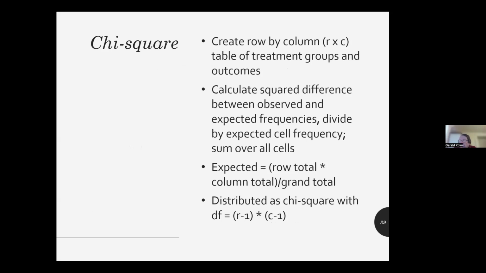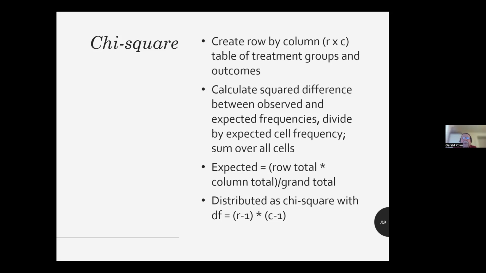I think this will be the last one I'll go over before a break here. If we have a situation like we had there, where we had a 2x2 matrix of values, we can also compute a chi-square.